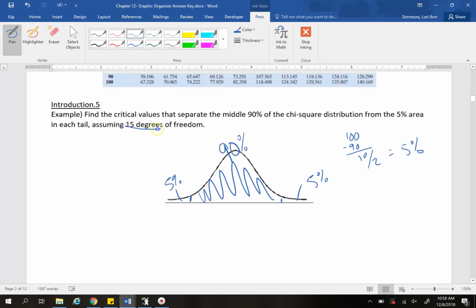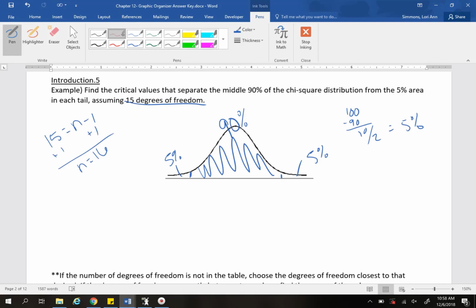And we're assuming 15 degrees of freedom. The degrees of freedom is equal to n minus 1, so if you wanted to find your sample size, you could have figured that out mathematically, and it would be 16. So the critical values are these lines right here.